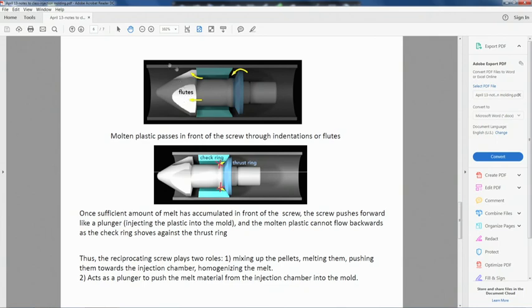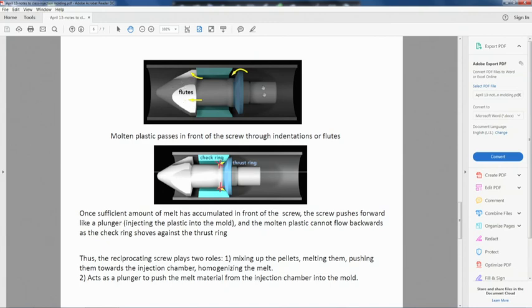So, it has to first accumulate a sufficient amount of molten material in front of the screw, and then it pushes forward like a plunger, and in the process the plastic is injected into the mold. Now, this molten plastic cannot flow back towards the back end of the screw, because there is a check ring which is shoved against a thrust ring. So, this molten plastic has to stay here until it is pushed by the screw into the mold.